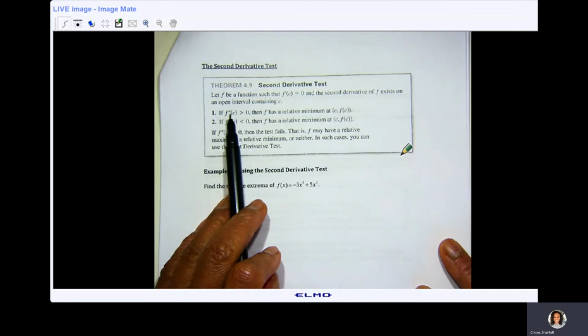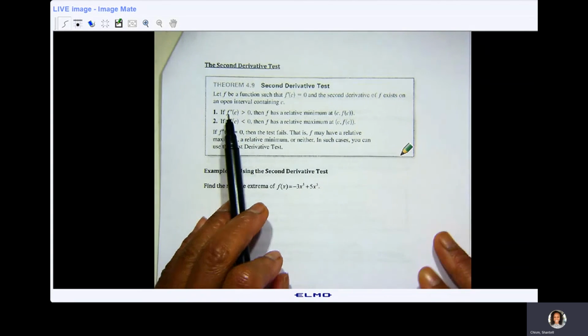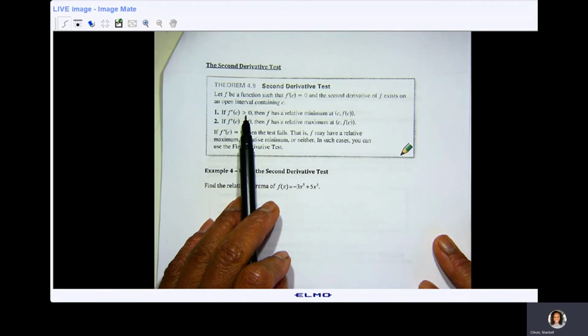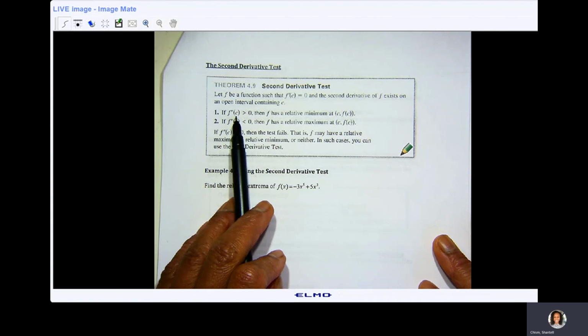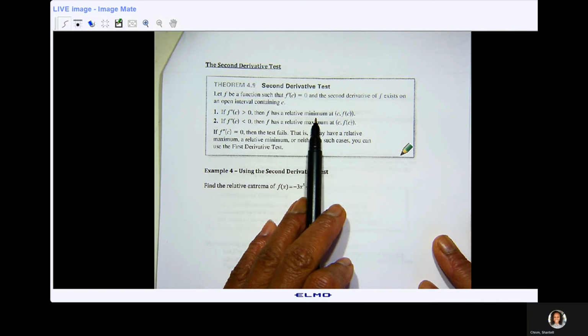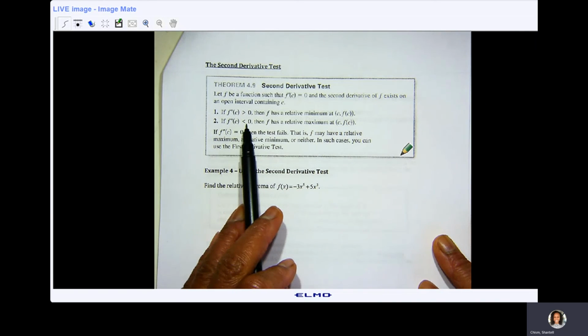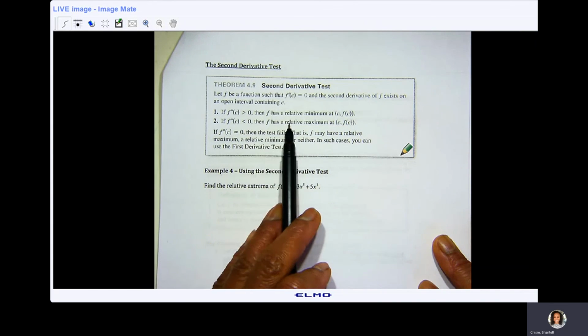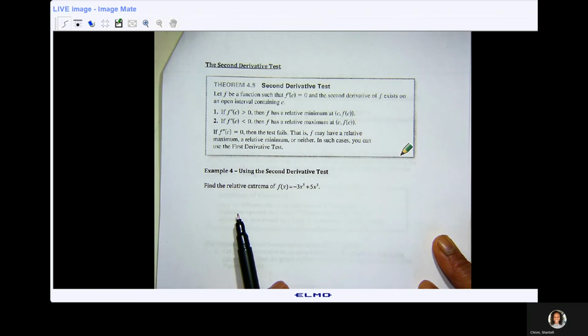So if f double prime is positive at that number c, whatever c is, then you have a relative minimum there. If f double prime is negative, then you have a relative maximum there. Okay?